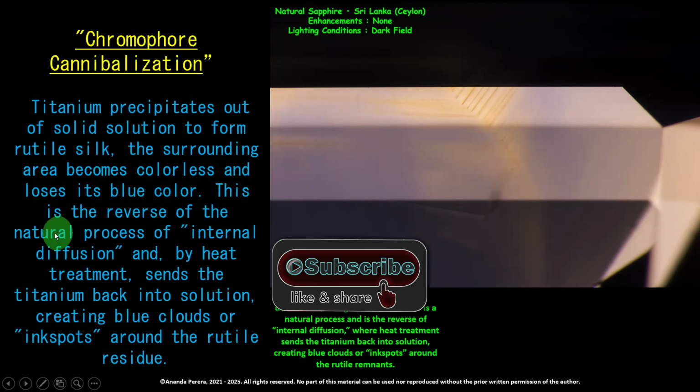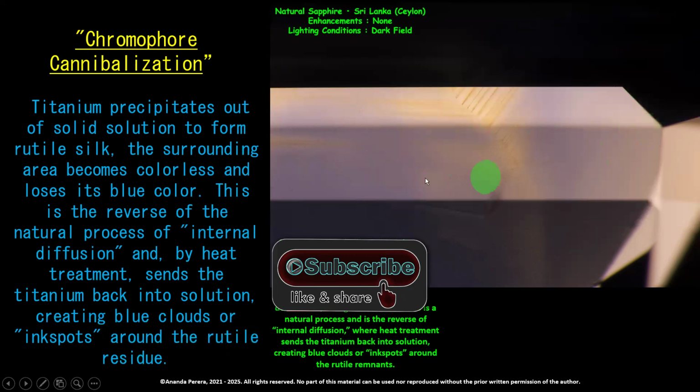This is the reverse of the natural process of internal diffusion. Natural internal diffusion gives the color blue, and the reverse creates the titanium silk, rutile silk. Heat treatment sends the titanium back into solution, creating blue clouds or ink spots around the rutile residue.